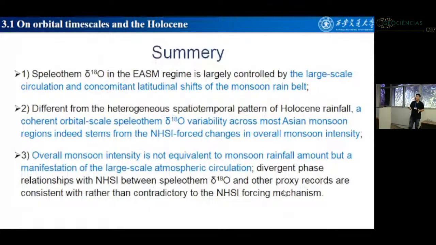The overall monsoon intensity is not equivalent to monsoon rainfall amount, but it is a manifestation of the large-scale atmospheric circulation. And the divergent phase relationship with Northern Hemisphere summer insolation between speleothem delta 18O and other proxies is consistent, rather than contradictory, to the Northern Hemisphere summer insolation forcing.